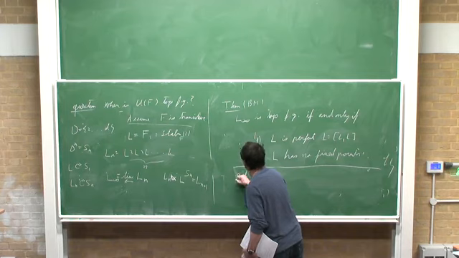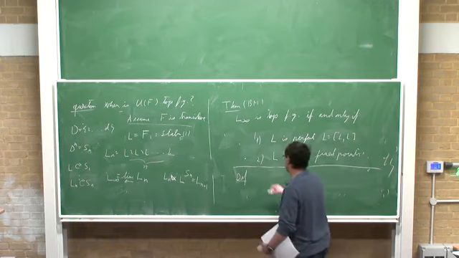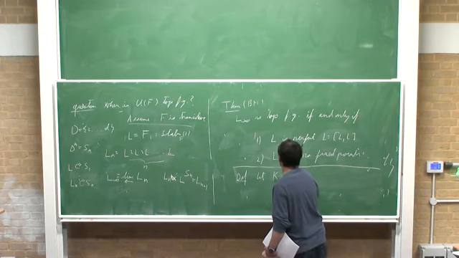So, definition. Let K be a compact group.